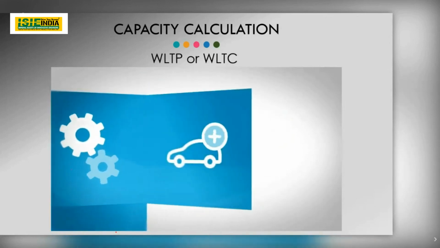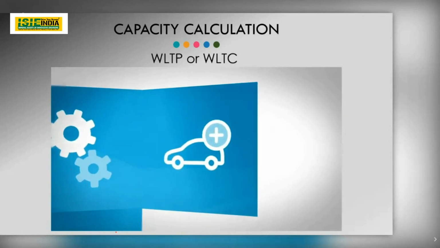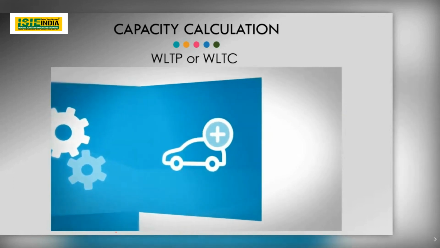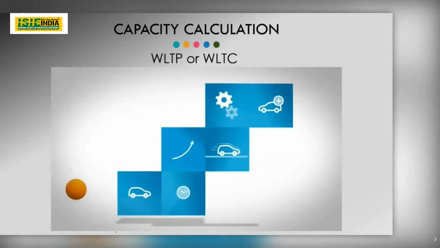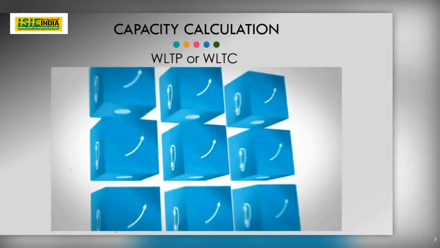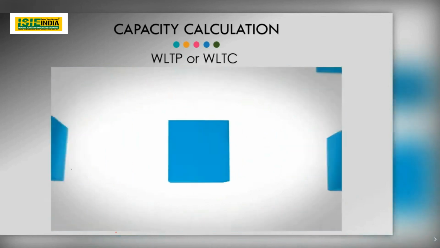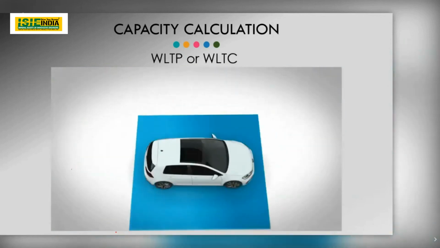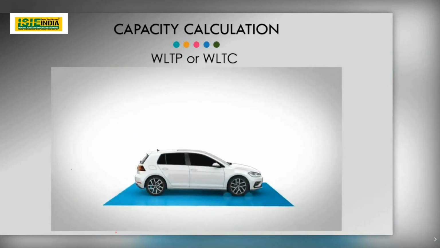Optional equipment also affects the weight of a vehicle. So the WLTP also takes into account any of these. To ensure that consumption measurements are comparable, the test conditions have to be replicable. For this reason, the measurements take place on a dynamometer according to international standards.